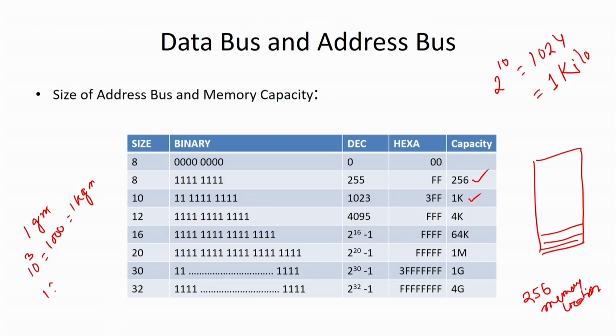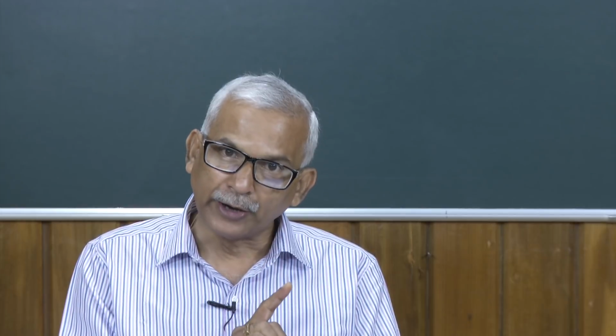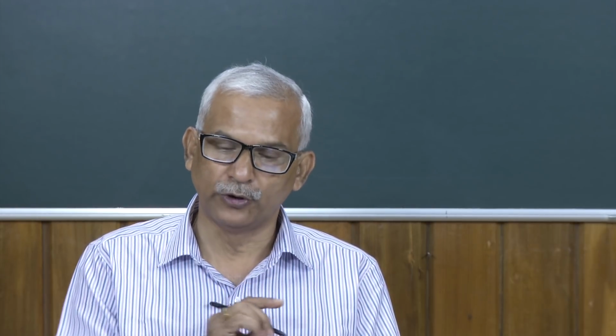Like that we have 10 to the power 6, 10 to the power 9, which is your kilo, mega, and here it is your giga, like megahertz, gigahertz. So in the metric system we have 10 cube, 10 to the power 6, 10 to the power 9. But in a binary system, when we talk about a computer, 1K is your 1024, which is slightly more than 1000, slightly more than the metric system.